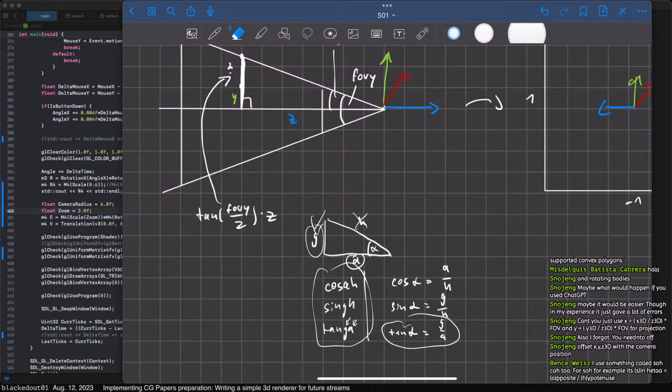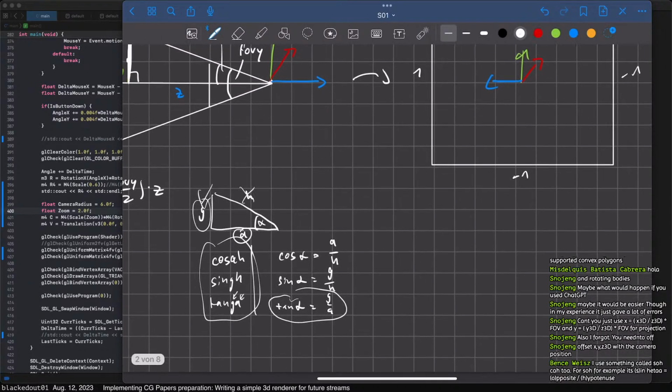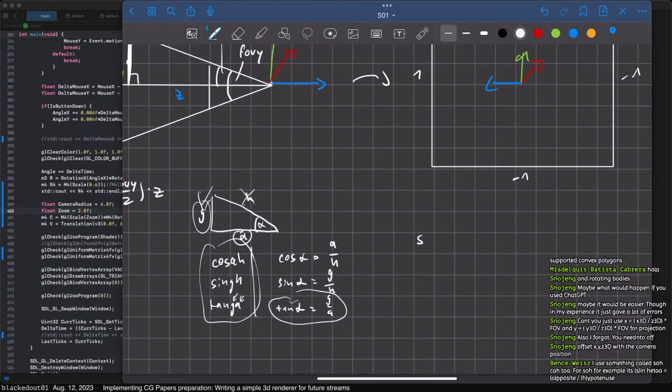Okay, wait. So let's write this down. So you use sine upon... okay. Yeah, I guess it's almost the same.